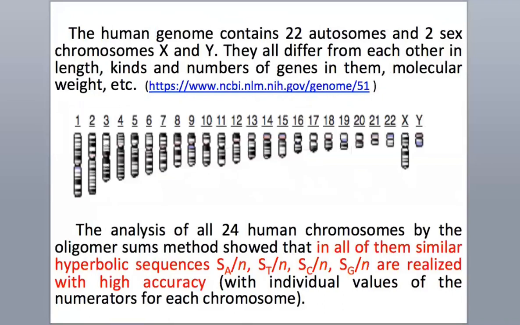The human genome contains 22 autosomes and 2 sex chromosomes, X and Y. They all differ from each other in length, kinds and numbers of genes in them, molecular weights, etc. The analysis of all 24 human chromosomes by the oligomer sums method showed that in all of them, similar hyperbolic sequences are realized with high accuracy, with individual values of the numerators for each chromosome.